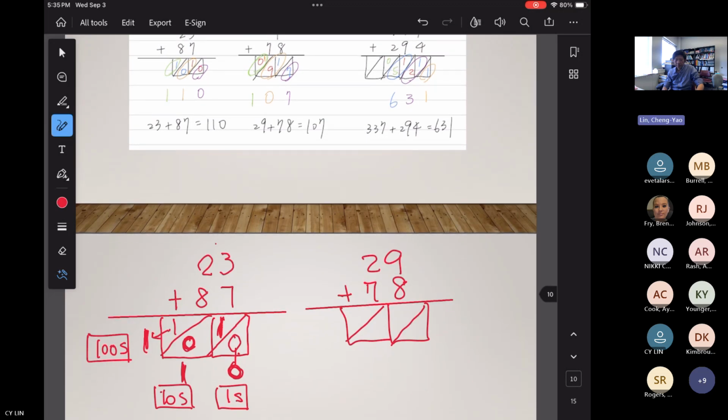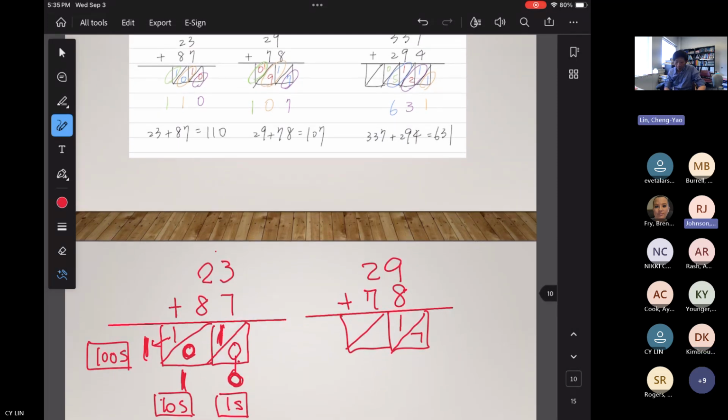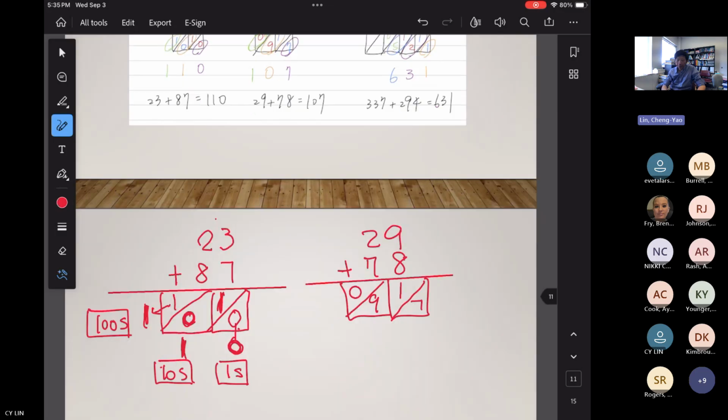All right, are we done? 9 plus 8, how many? 17, right? So I'm going to put a 1 there, 7 there. Now next, 2 plus 7, how many? 9. Plus 1. So I put a 0 and 9 there, right?